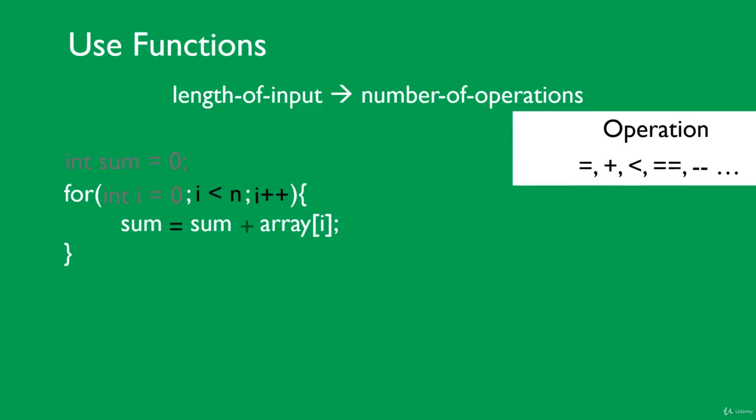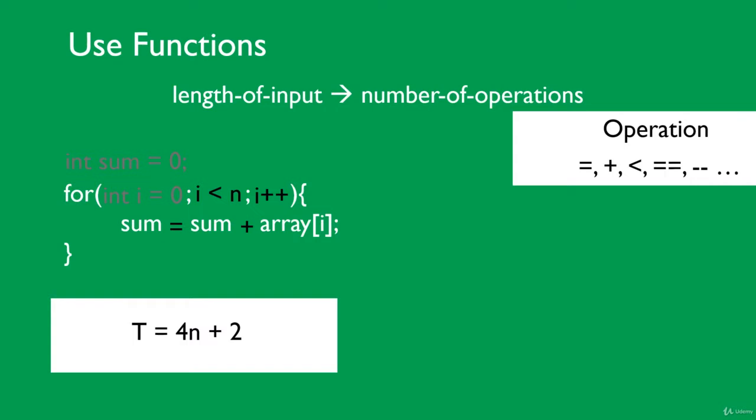The second one is this plus operation. The third one is this assignment operation. And the last one is this increment operation. So these are 4 instructions that we do n times, right? Because we do this while i is smaller than n. So the time complexity of this algorithm is 4n plus 2.